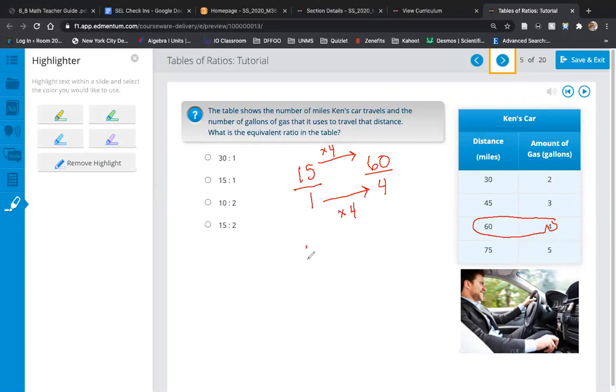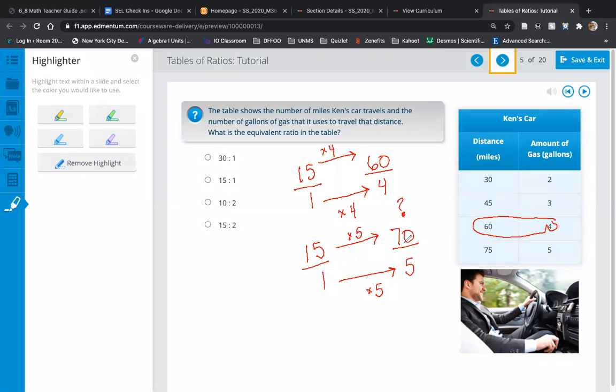If though I happen to show you something like this, let's say I said, okay, this one here, 15 over 1, is that equivalent to the ratio, say, 70 over 5? Are these two equivalent? So I'd say, okay, how do I get from 1 to 5? I'd multiply the 1 times 5. Now I need to do the same thing to the top. So 15 times 5.